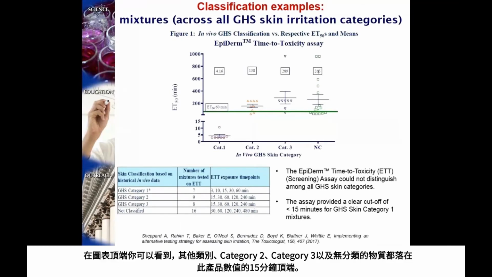As you can see on the top part of this graph, the other categories, category 2, 3, and no category, were all clumped together on the top of this cutoff value of 15 minutes.